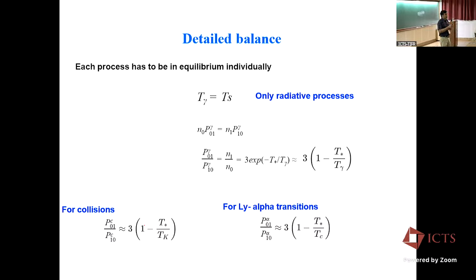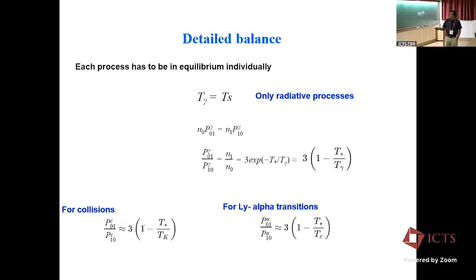If you have CMBR, it will always interact with the hydrogen atom, and the corresponding spin temperature will be in equilibrium with the CMBR temperature. So in that case, TS will be the same as the CMBR temperature, and we know the CMBR temperature, right? So these two processes, this is the excitation rate and this is the de-excitation rate, right? This is the excitation rate due to the CMBR excitation, and this is the de-excitation rate, so stimulated emission and stimulated absorption.